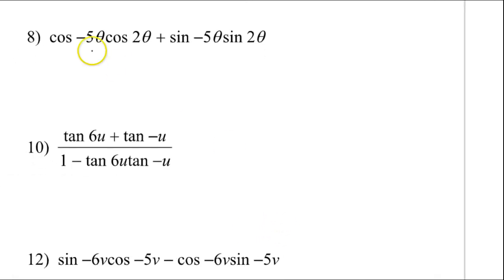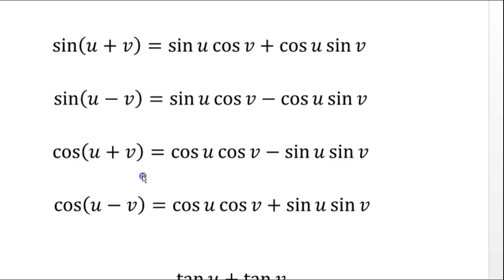Take a look at number 8, going crazy. I see the pattern cosine, cosine, and then sine, sine. So looking back at my list here, when you have cosine, cosine, and then sine, sine, that's the pattern you see when you have the cosine of the sum of two angles or the difference of two angles.